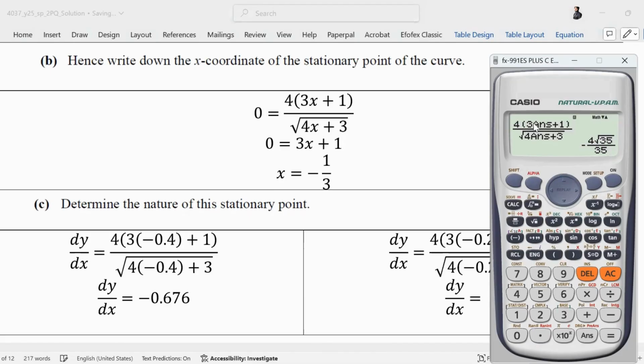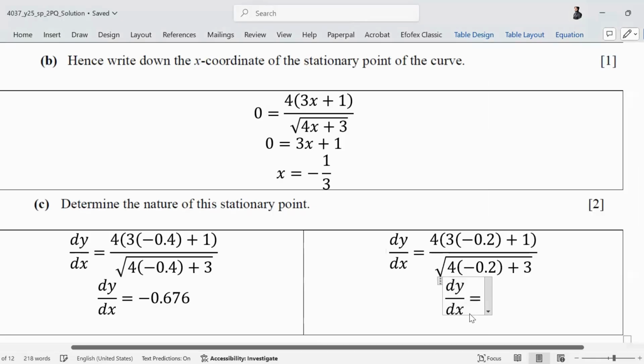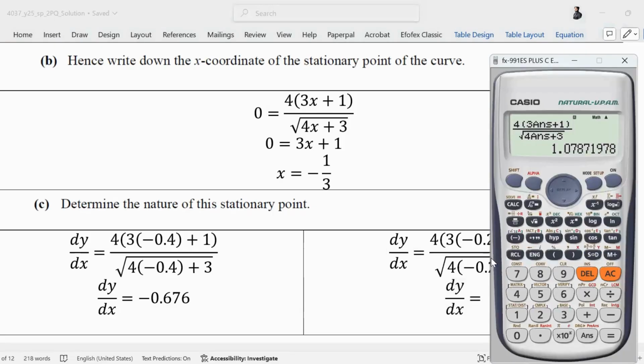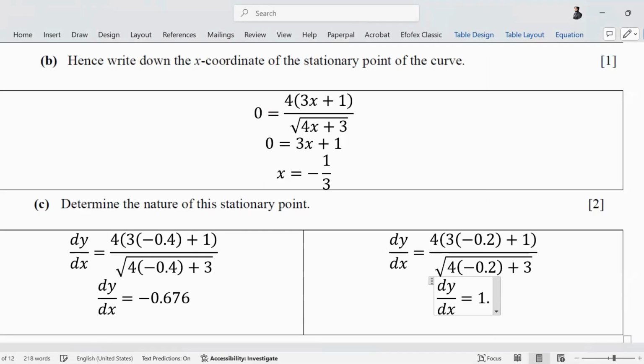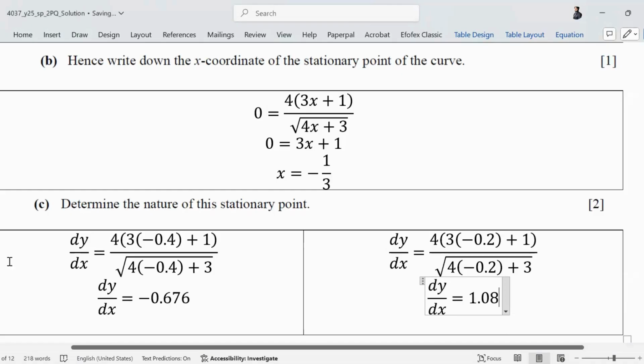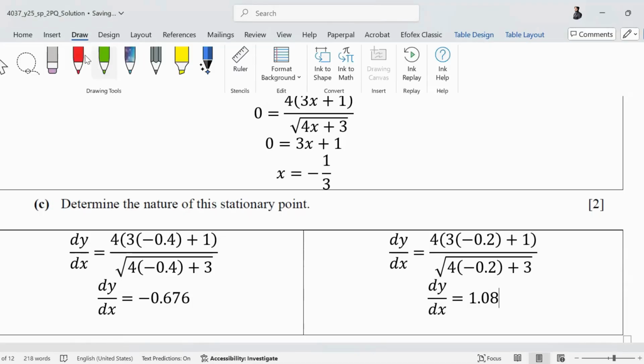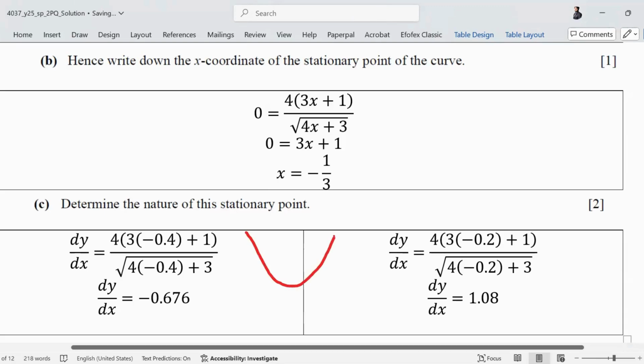And the entire function again, I'll just be pressing an equal to. The derivative has become positive, 1.08. So the derivative was negative. The gradient was negative, then it became 0 at the turning point, and then it became positive. So what kind of turning point would I get? The gradient is negative, it became 0, and then it became positive.